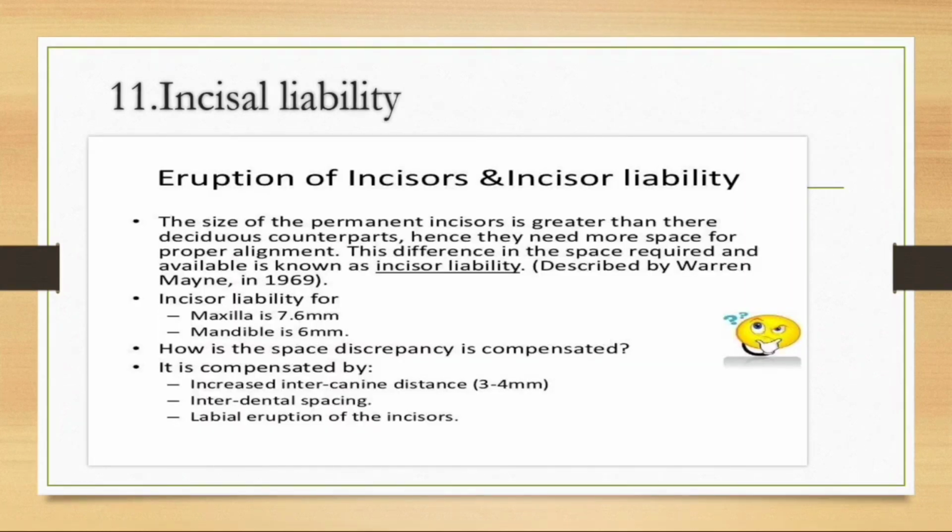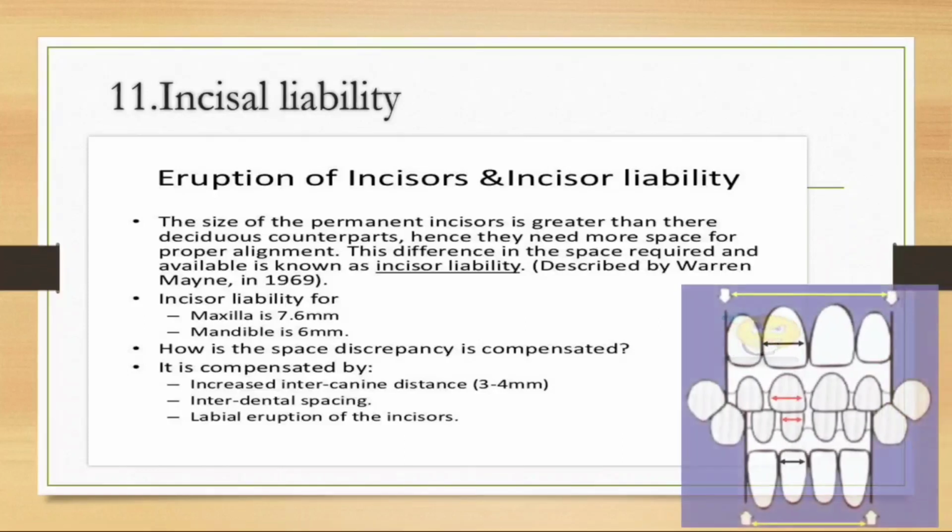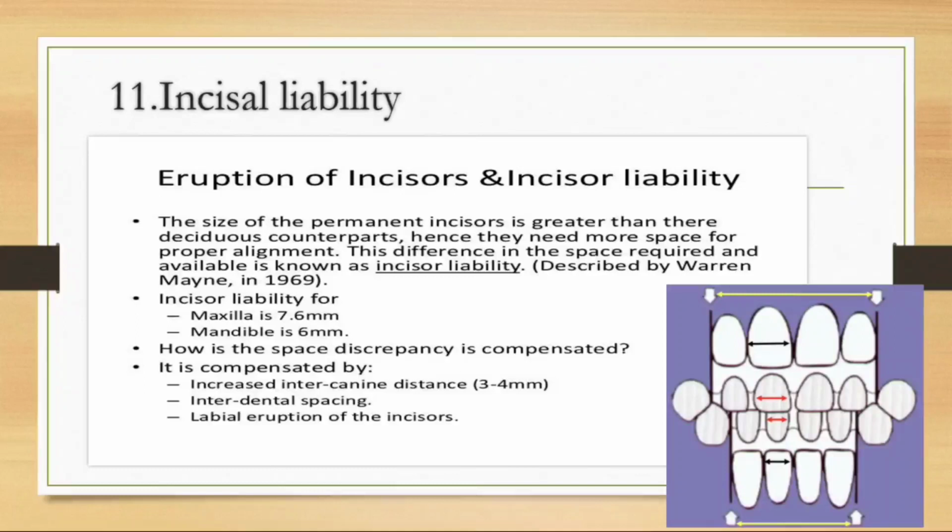Next question is the incisor liability. It is the difference between the incisors of primary and permanent teeth, because the permanent teeth are bigger in size, and primary teeth are smaller. So the permanent teeth have to come into the position of smaller teeth, so they need a bigger space. So there is a liability of space. So how do the maxillary and mandibular arches gain that space?